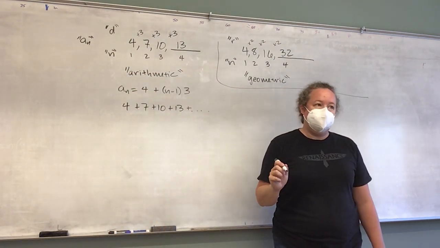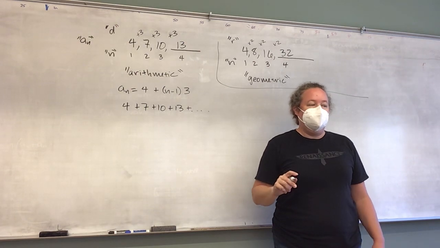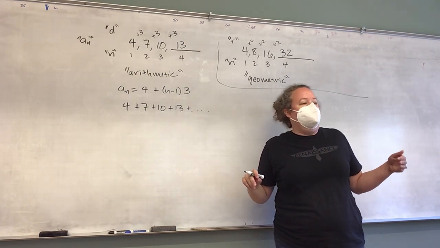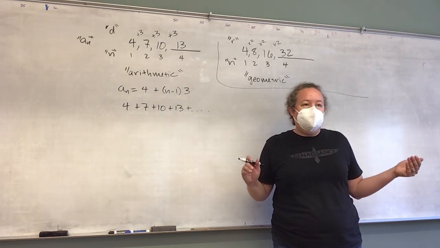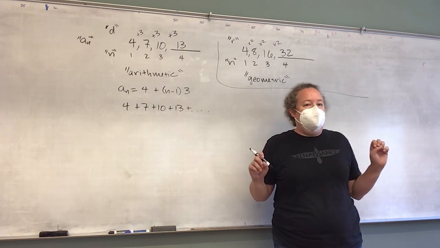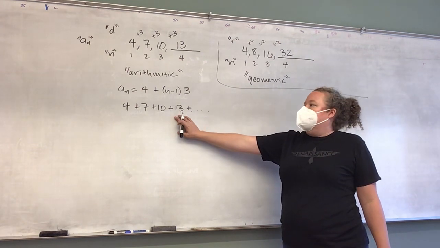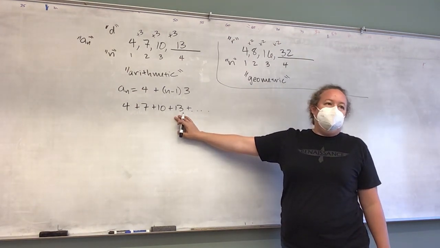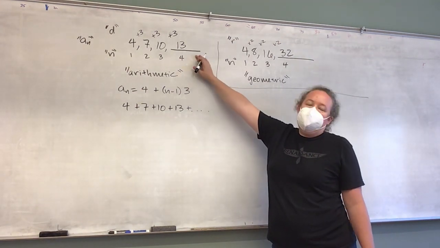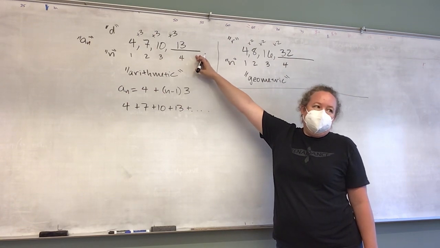This is a series. The only difference between a sequence and a series is whether or not we're listing them or we are summing them. If we are adding them together, it is a series. If we're simply listing them in order, it is a sequence.